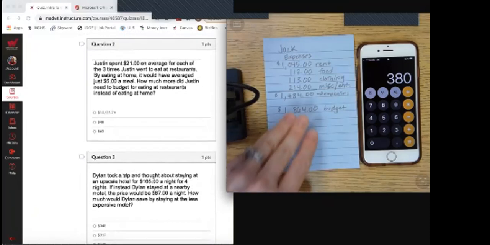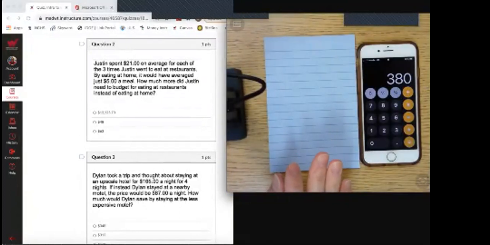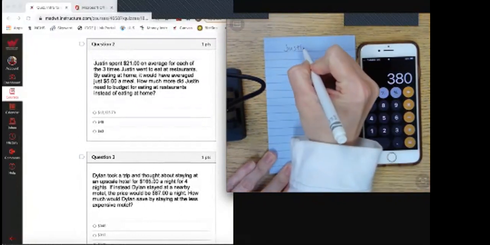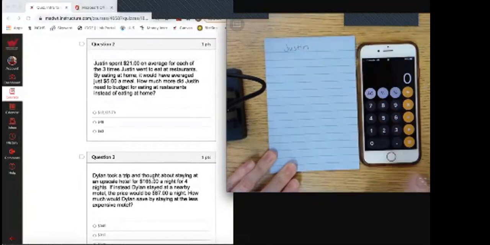Okay, let's go to question 2. Question 2 is Justin. Justin spent $21 on average for each of the 3 times he went to eat at a restaurant. By eating at home, he could have saved an average of $5 a meal.